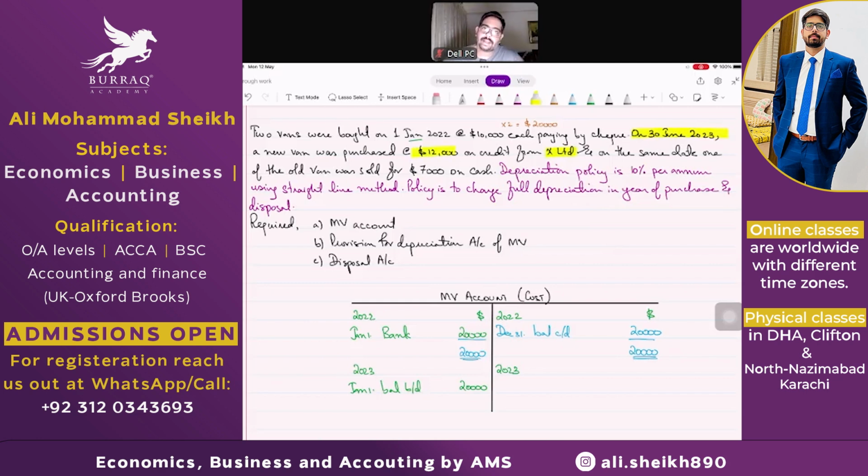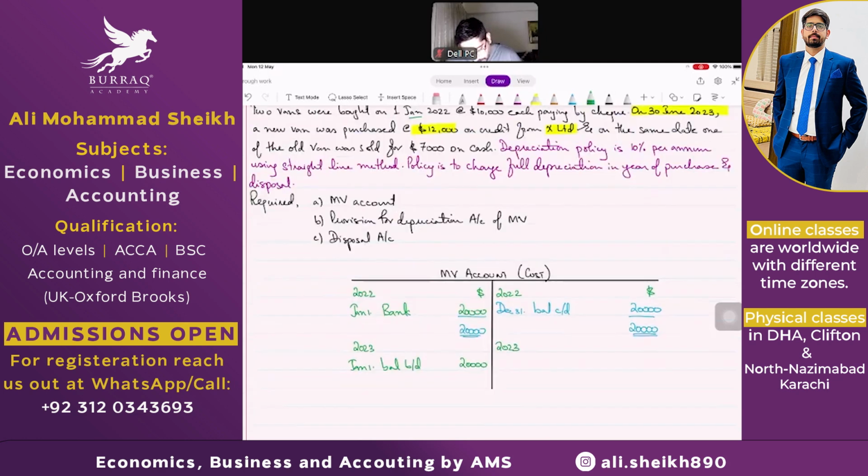So in this particular transaction, there is a purchase of motor van. The transaction would become motor van debit and X Limited would be credit because the van is purchased on credit. The other party becomes your trade payable. So next entry would be debit June 30th, X Limited. Liability increases over here with $12,000.